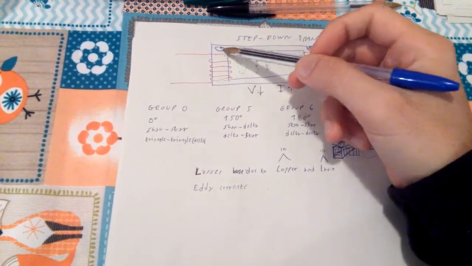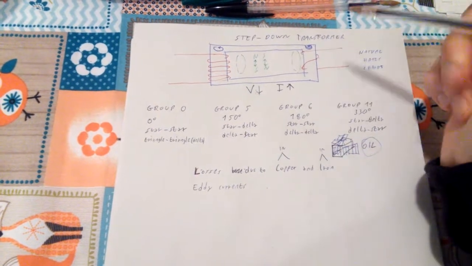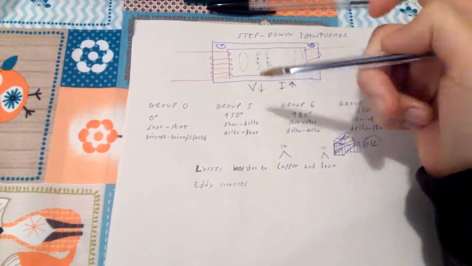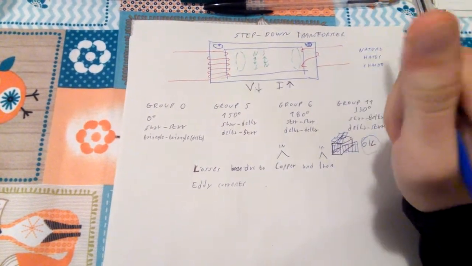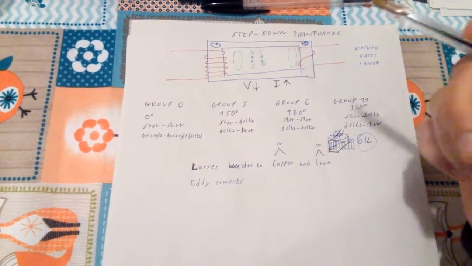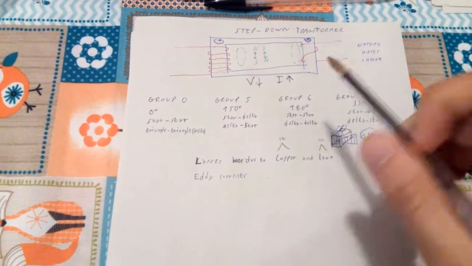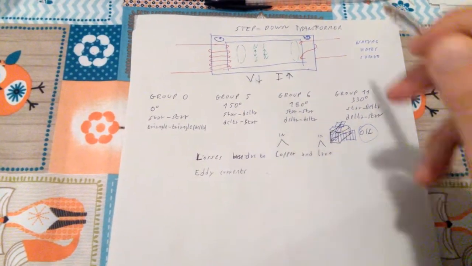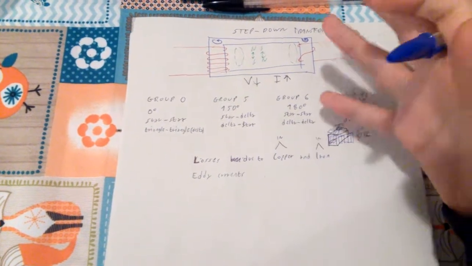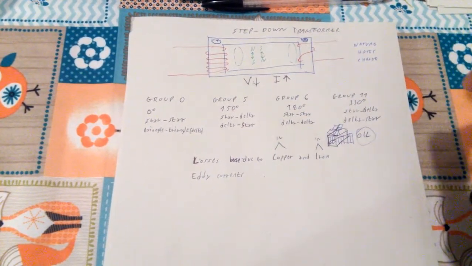Those non-intentional currents are going to be generated and are going to be opposite to the flow of current. So in a real transformer, we're going to have losses in the copper and in the iron, which are the two elements in a transformer.